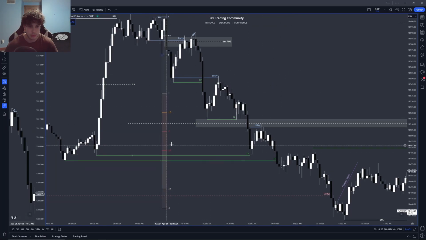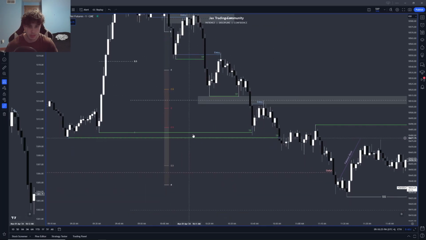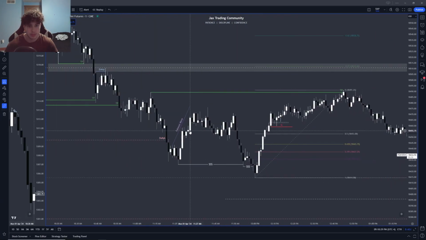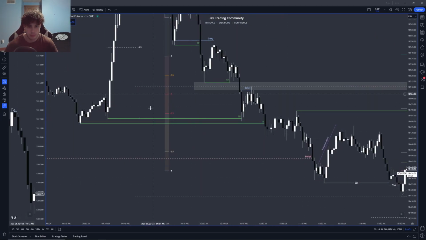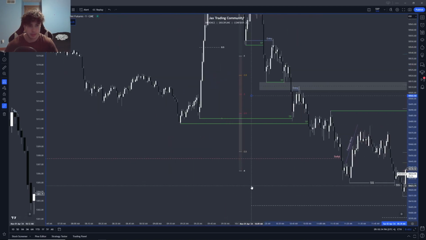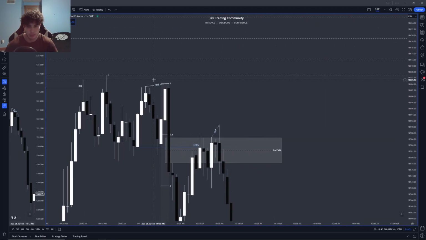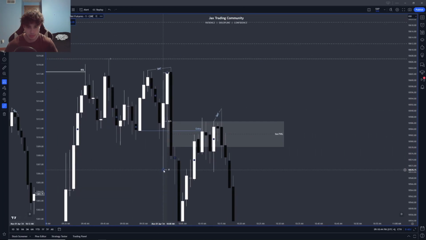Okay, so we go to this 2.5, which aligns closely to these, and then we also went all the way down to -4. So this kind of just gives you a little projection of how far down we could go. This probably could be made with just the bodies of these candles. So I want to see if I make it just the bodies of these candles.